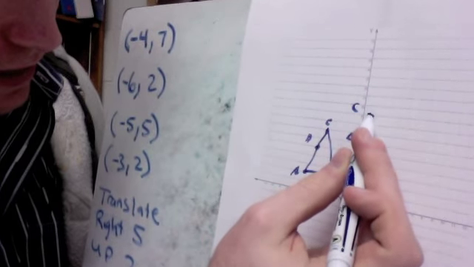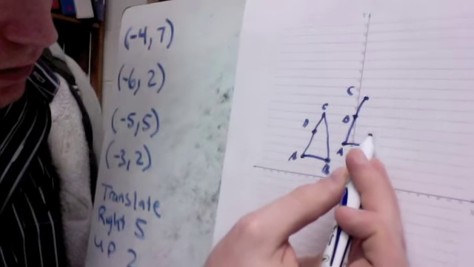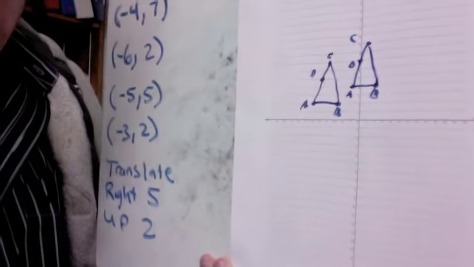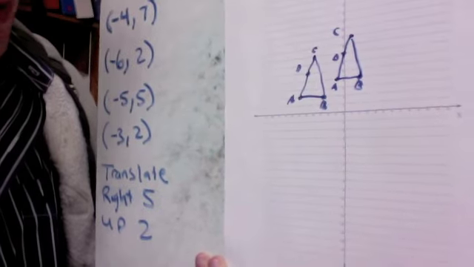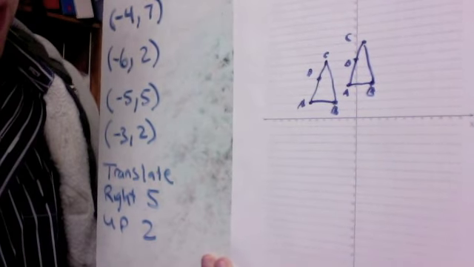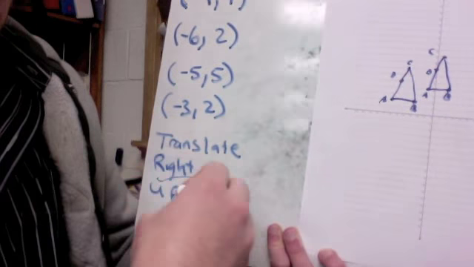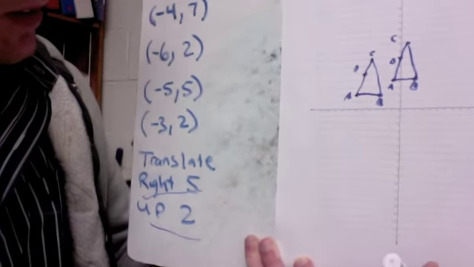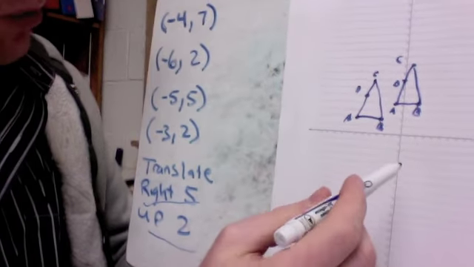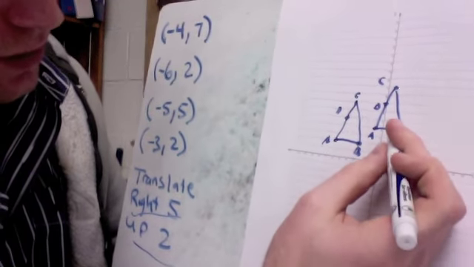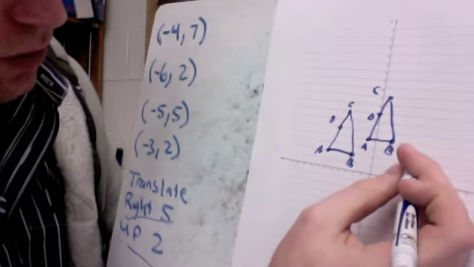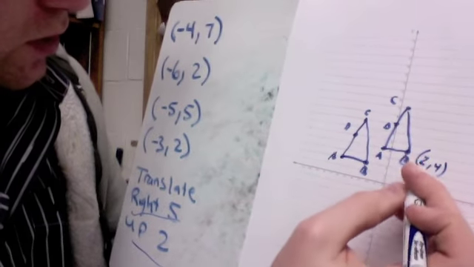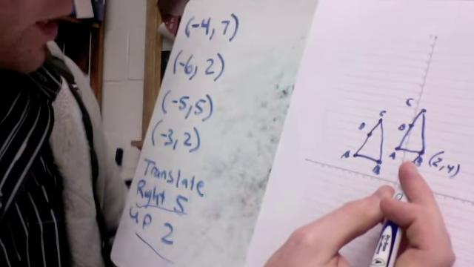Now if I connect those dots again, I've got the exact same shape. It just moved to a different location on the graph, following the directions that were given to you. It's kind of interesting because when you look at what your new points are, this is now 2, 4 for the point B that we had.